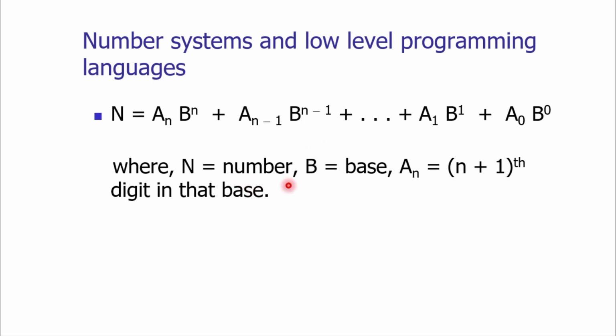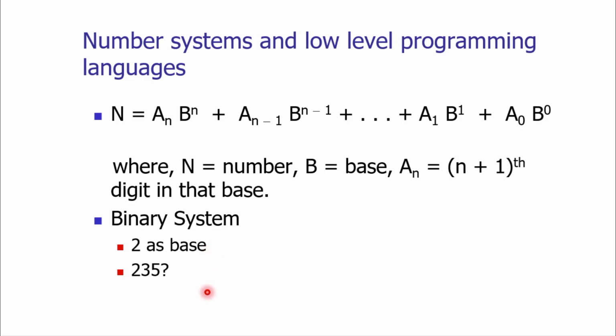N is a number in decimal format with base 10, and b is the base to which we have to convert it. Let us see how this formula can be utilized to convert a decimal number into a binary number. In the binary system, we are using 2 as the base.